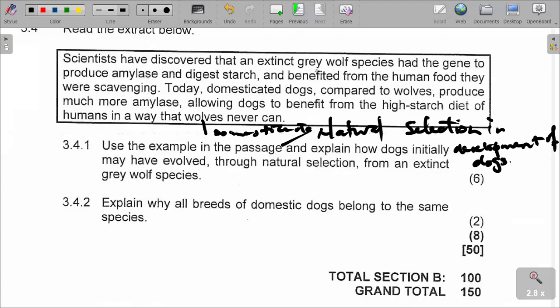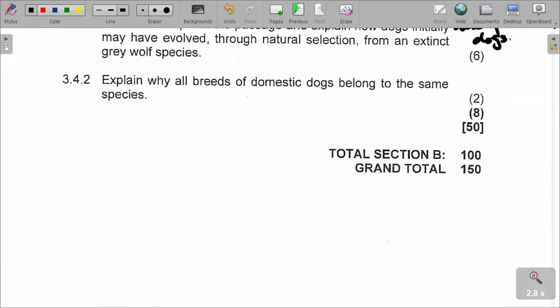They digested starch efficiently, they survived and reproduced, whereas the other wolves starved, and over millions of years, selection pressure took over, resulting in duplication of alleles. Those wolves which survived on digesting starch more, which we say produce more amylase, allowed dogs to benefit from the high starch diet of humans, therefore survived and lived with humans. That is basically what you need to discuss there.